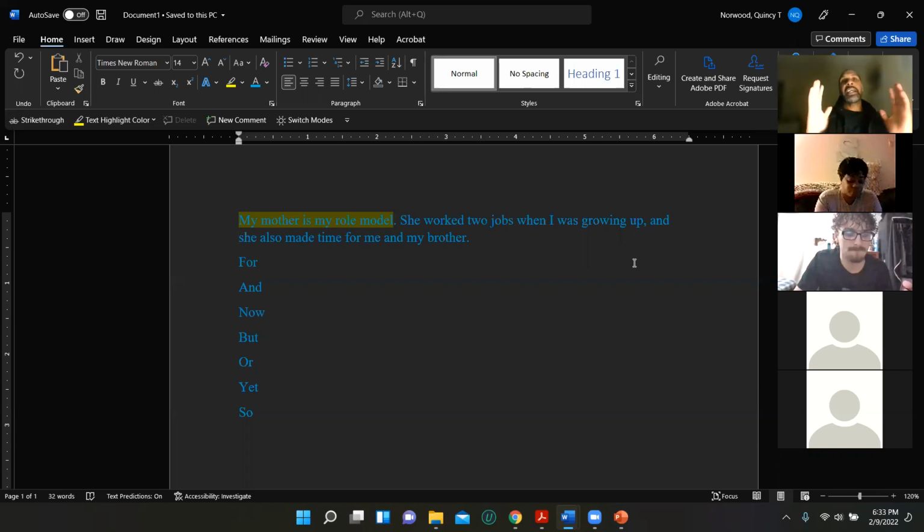And a comma splice is 2 or more complete sentences slapped together with commas. Okay. So even though sentence structure is more of an editing issue, if there were quite a few run-ons in your paper, start focusing on that.